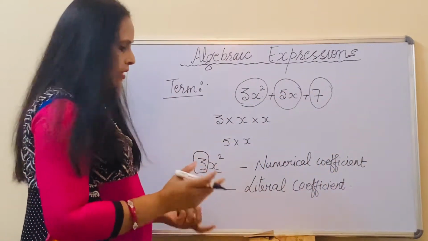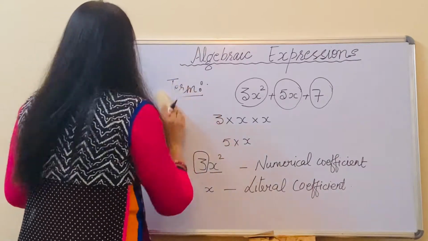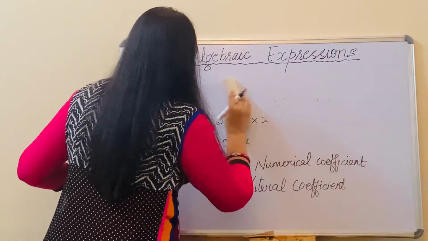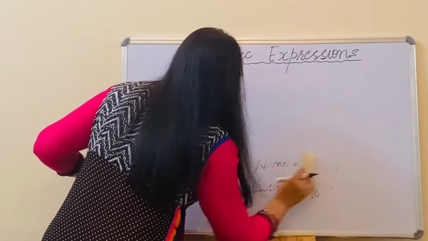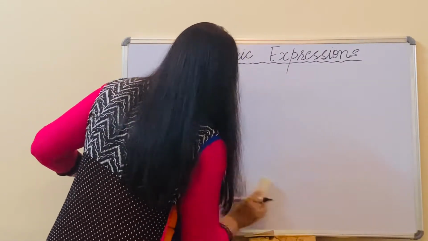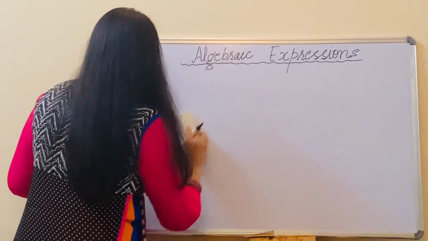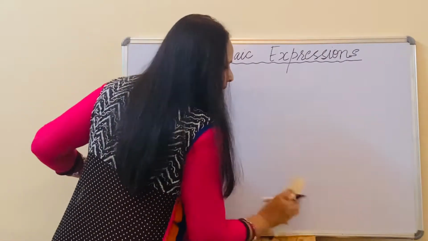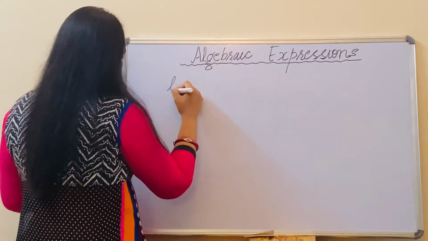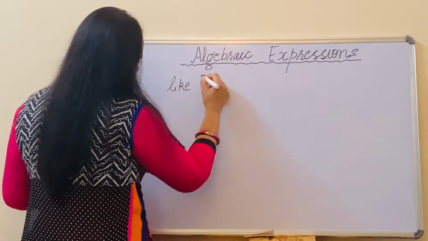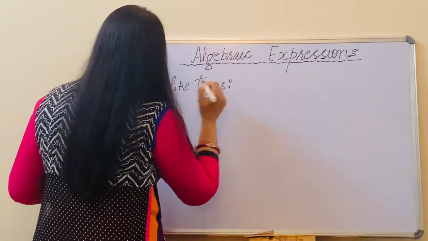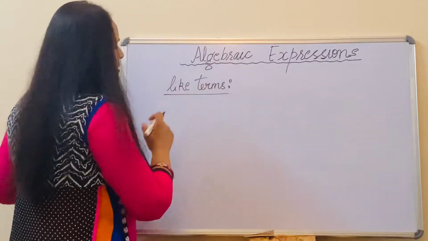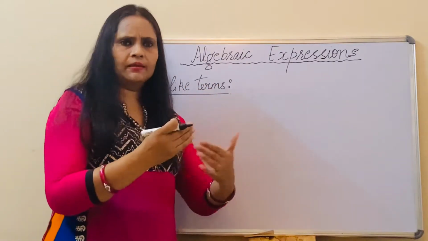I hope this is clear to all of you. The next thing I am taking is like terms and unlike terms. Very easily you can work out what the like terms are. As the name suggests, like means similar.